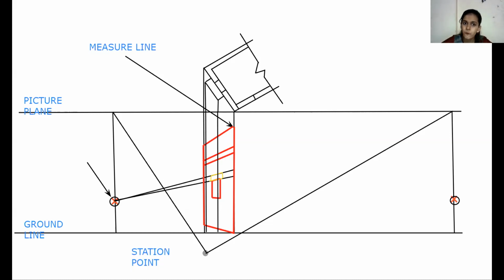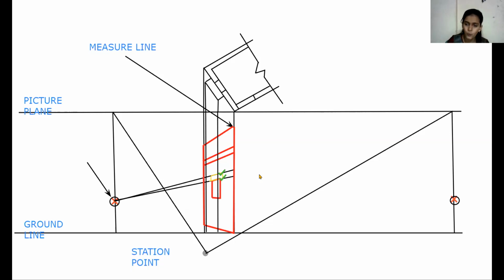Now consider the 4 corner points of our yellow rectangle. Now we need to connect these 4 points with the right vanishing point, because for the first rectangle we have used the left side vanishing point. Now we have to consider the right vanishing point.